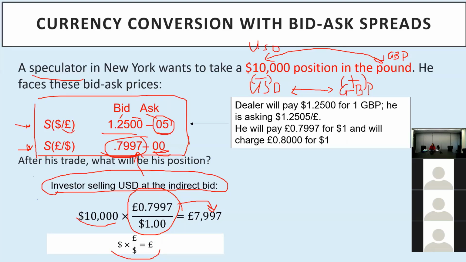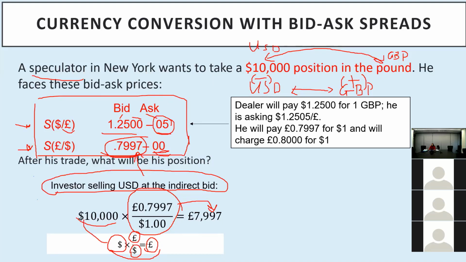In terms of currency exchange, it could be quite confusing. One way to remember is to think about this cheap way. If I have a USD amount, and I want to end up with the pound on the right-hand side, then I want the pound to be on the top, the numerator of my exchange rate, and the USD to be on the bottom, the denominator.